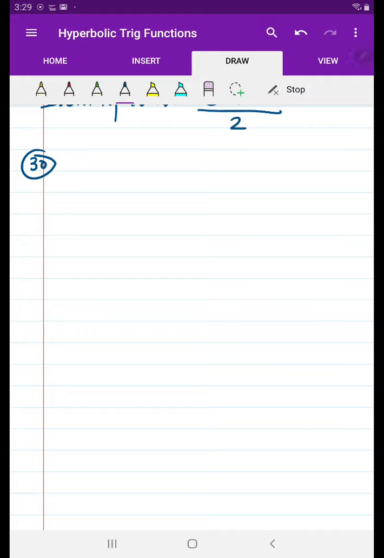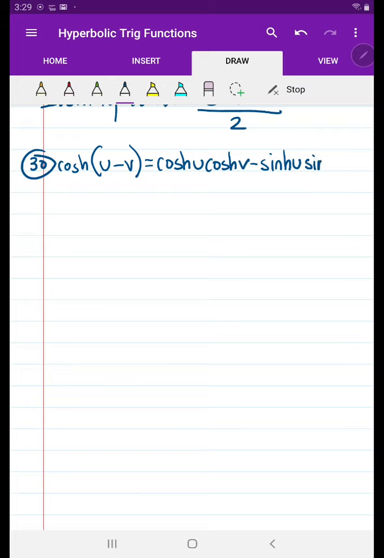So for number 30, the problem that they give us is cosh u minus v equals cosh u cosh v minus sinh u sinh v. Okay? And so we have to prove that.